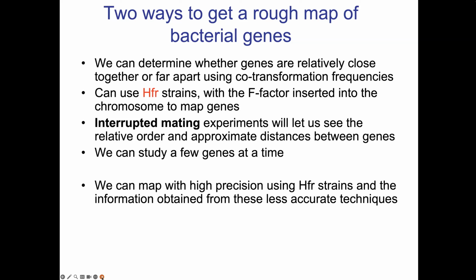That helps us understand approximately how far apart genes are and approximately what the order is. We can do that with a few genes at a time. And then we can use that information to study those genes, but to map them in more precise detail.